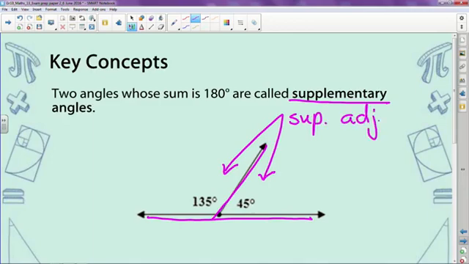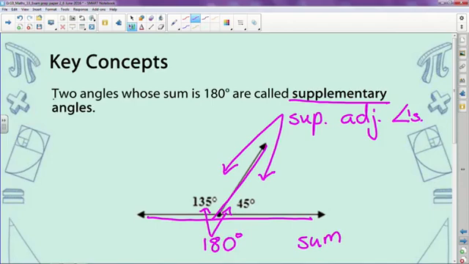You'll notice how I am abbreviating everything. It's nice to abbreviate, it means you don't have to learn the spelling. So supplementary adjacent angles basically means there are angles on a straight line that will add up to 180 degrees. In other words, they have a sum of 180 degrees.